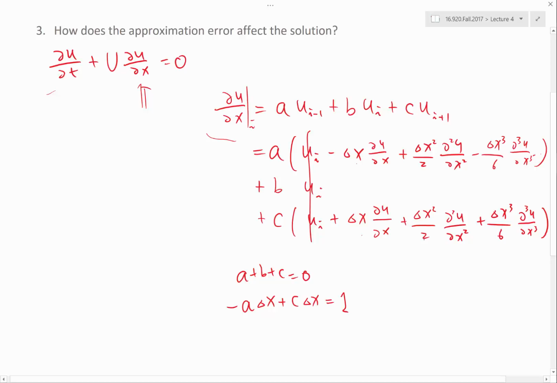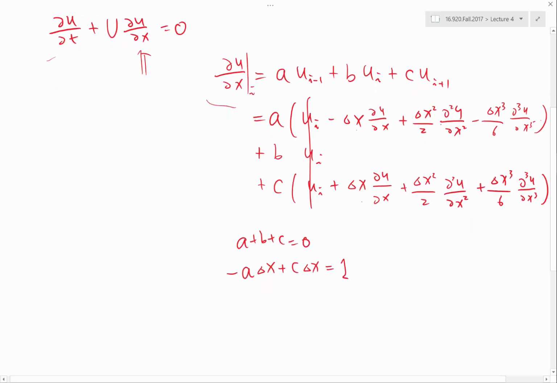We want the third term to cancel so we have as little error as possible, which gives us a times half of delta x squared plus c times half of delta x squared should be equal to 0. And that's all the equations we can satisfy using 3 numbers a, b, and c.